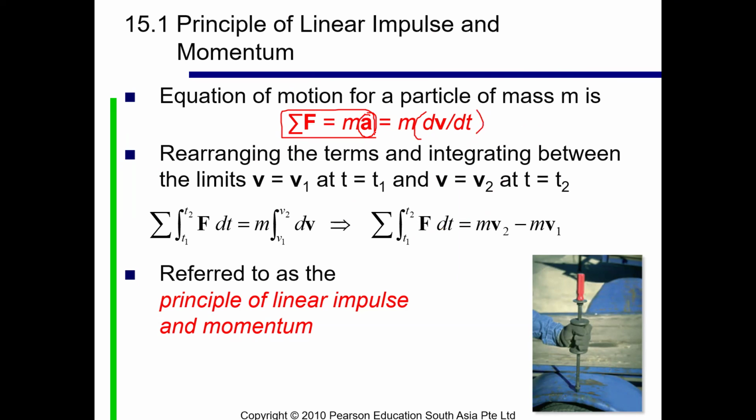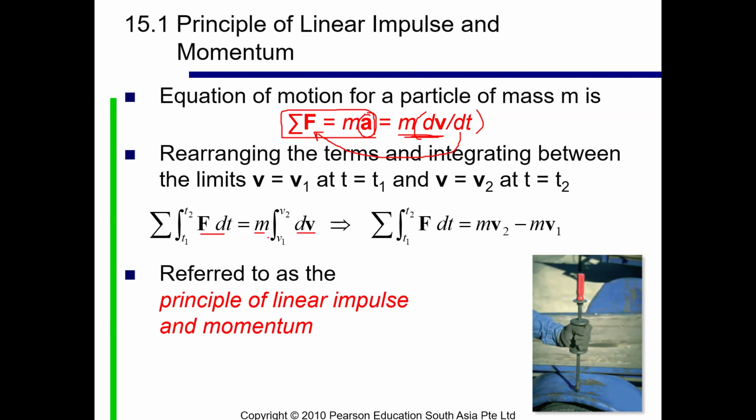So if you write acceleration as a derivative of velocity and take the dt to the side of the force, you will only stay with m dv. It will look like F dt, and here m is a constant, so m will come out and dv will stay, and then you put the limits to solve.